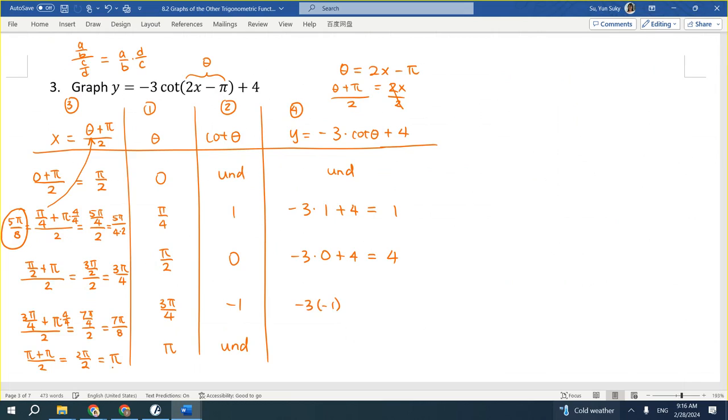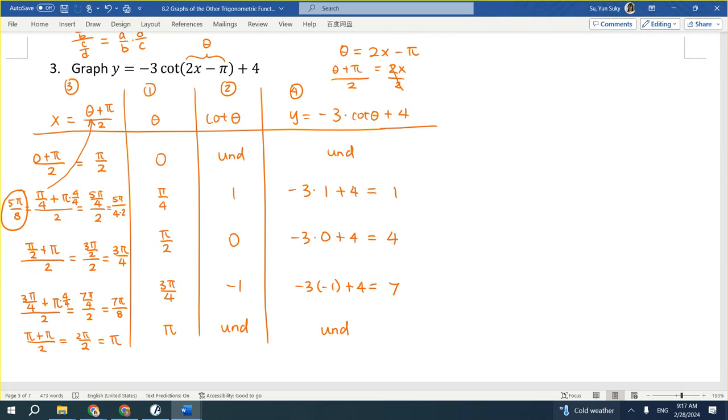When we plug in minus 1, what do we get? 7. And last one, undefined. Everybody okay with that? So your next quiz, I will ask you to graph functions. Okay.